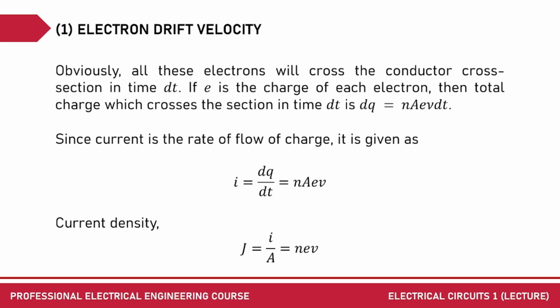Since current is the rate of flow of charge, so I is dq over dt. We need only to get the derivative dq over dt of this part, and we'll get the current density J, which is the current I over the area, equal to N e V. So, that's for the electron drift velocity.